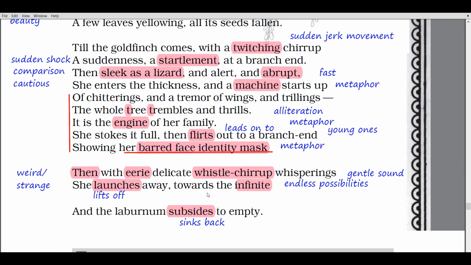It is her who makes the tree alive again, and the laburnum subsides to empty. So laburnum again sinks back to emptiness. Till the goldfinch bird comes back, the tree will be silent and still. So I think you have understood the poem.